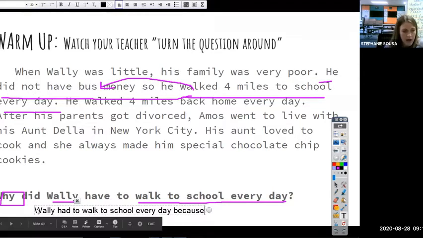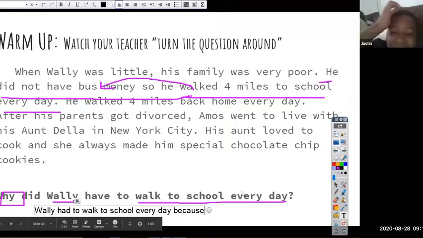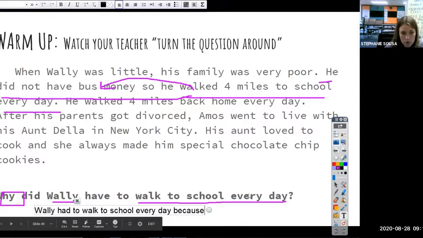This right here, I haven't even started the text evidence yet. I just got this from the question. Look at the question. Why did Wally have to walk to school every day? Look at my answer. Wally had to walk to school every day. I've just turned that question around. I've used those words to help me, okay?